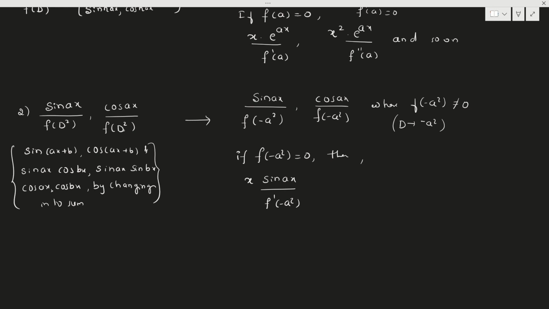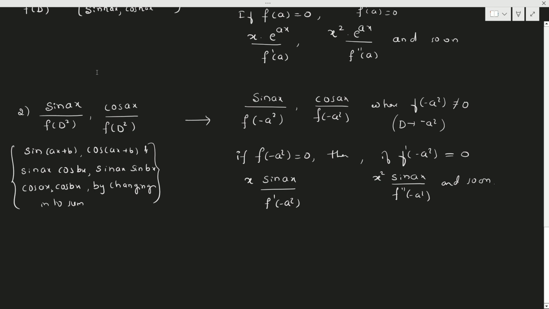If f dash of minus a square is 0, then x square into sin ax by f double dash of minus a square, and so on. The same thing will be extended for cos ax. This is the second type.